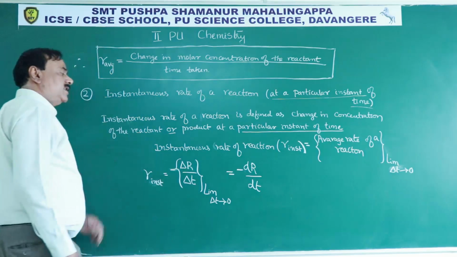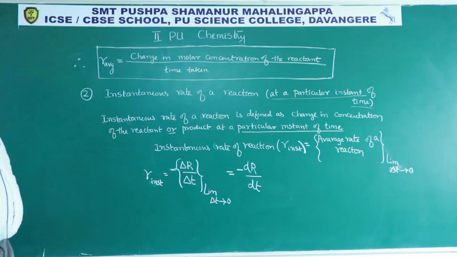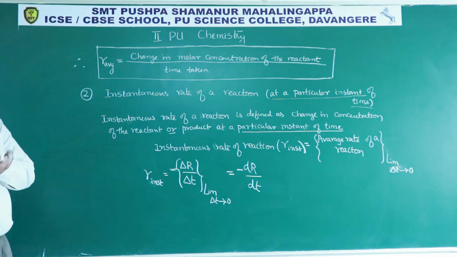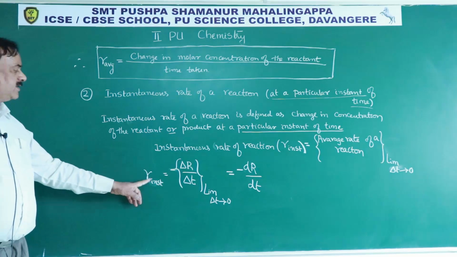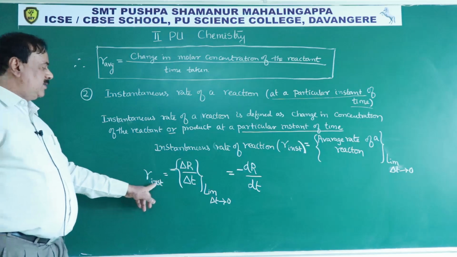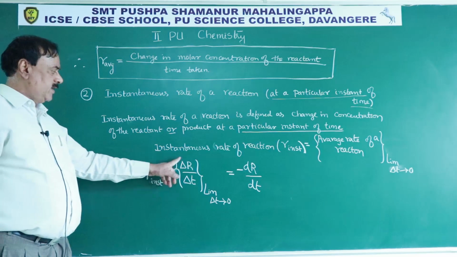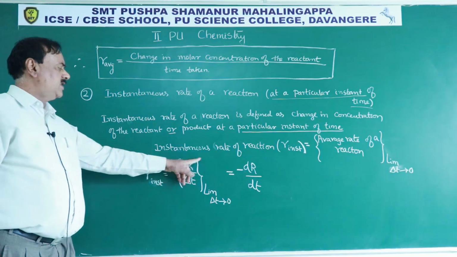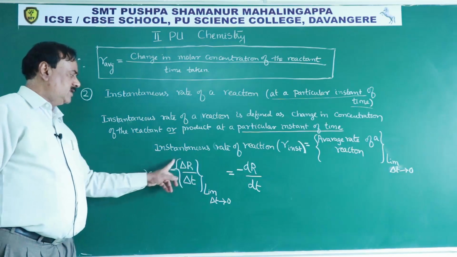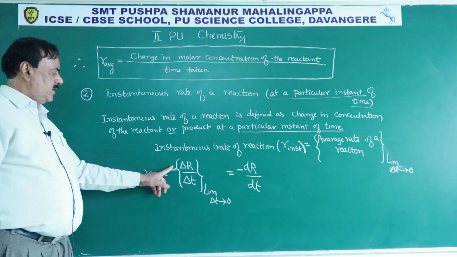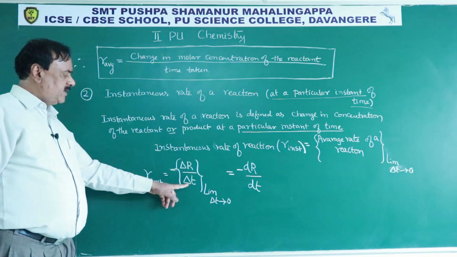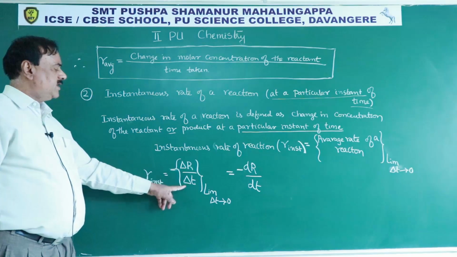That minus sign indicates the reactant, and a plus sign indicates the product. Therefore, R instantaneous is mathematically given, with respect to the reactant, as follows. Minus delta R divided by delta t is the average rate of a chemical reaction.